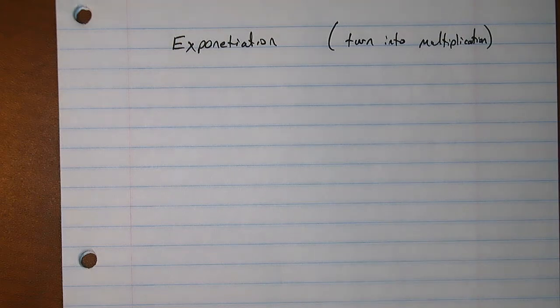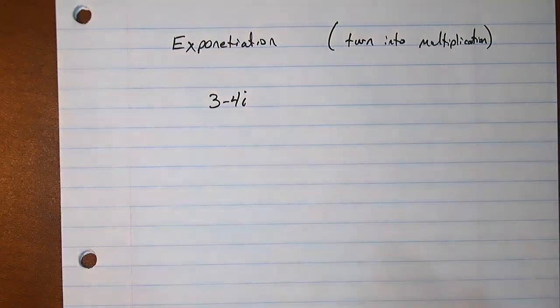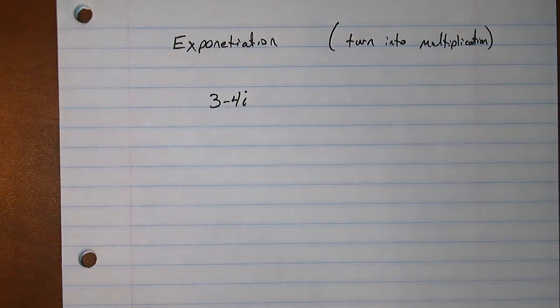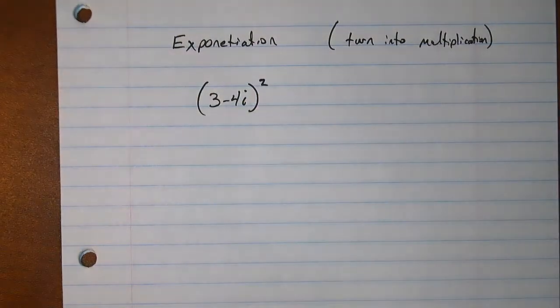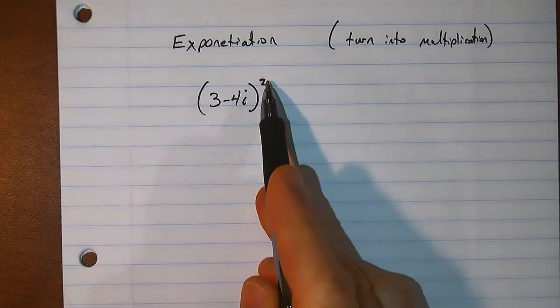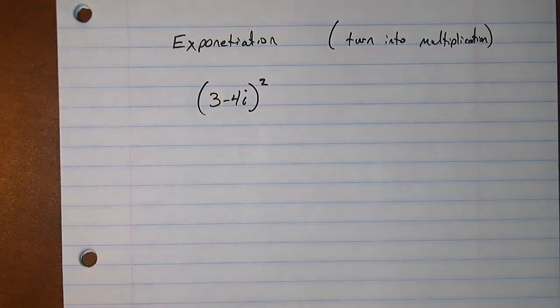All right, so if we take, again, let's just stick with one of the complex numbers that we've been working with. So I'll take 3 minus 4i. Okay, we've been using that through this whole video. If we're going to square that, we've learned over and over and over again that squares cannot distribute across plus and minus signs. That's not something I can do.